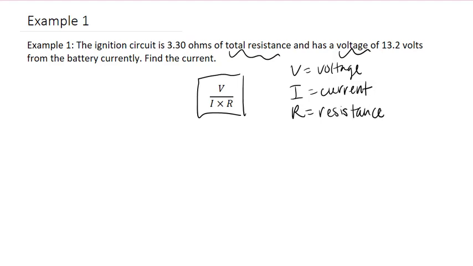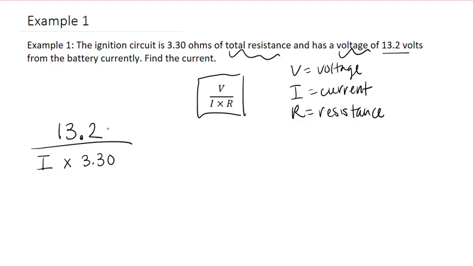Now, when we are substituting in values, let's go ahead and start doing that. So we have a voltage of 13.2, and we have this fraction bar, and then we don't actually have current, which is what we're trying to solve, times resistance, which is 3.3 ohms.